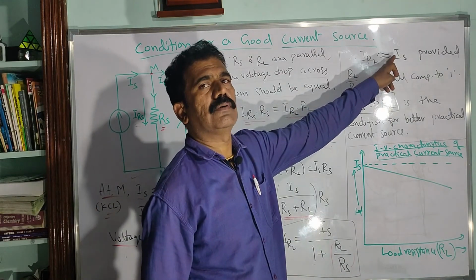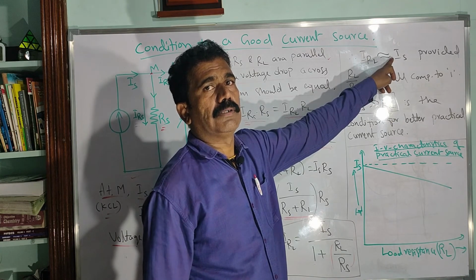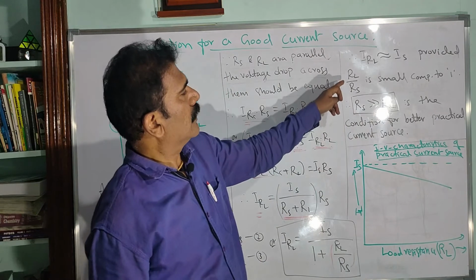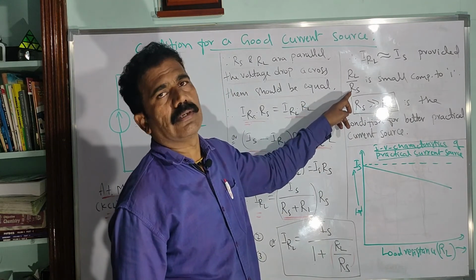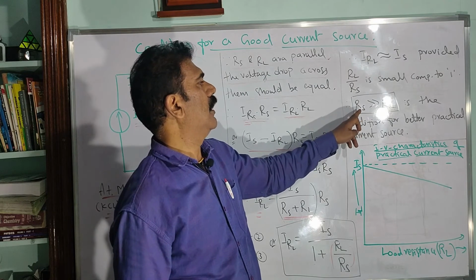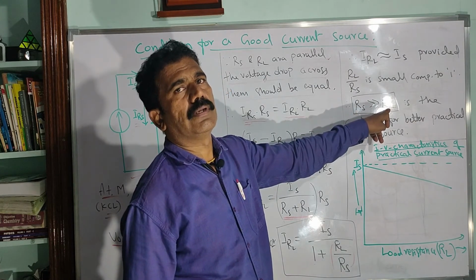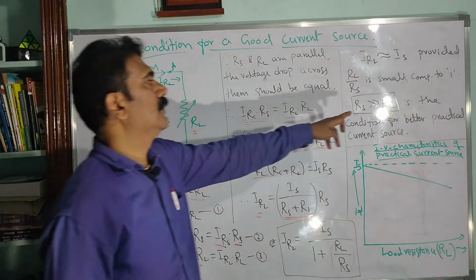If they are approximately equal, at least we can say the given source is a better source. So for that, when is the ratio RL by RS going to become very small? When the denominator is very high, correct? Therefore RS should be very much greater than the load resistor. So the internal resistance RS should be greater compared to the load resistor.